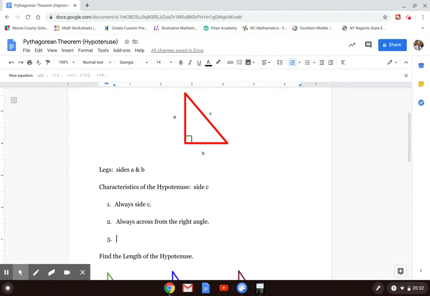Then for number 3, the hypotenuse is always the longest side. So whenever you're looking at measurements of your right triangle, it's always going to be the longest side, always across from the right angle, and always side C.